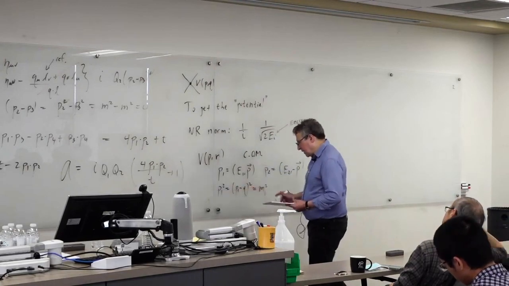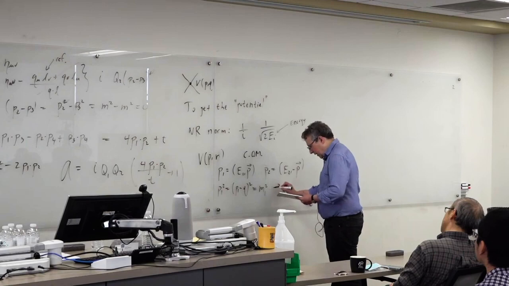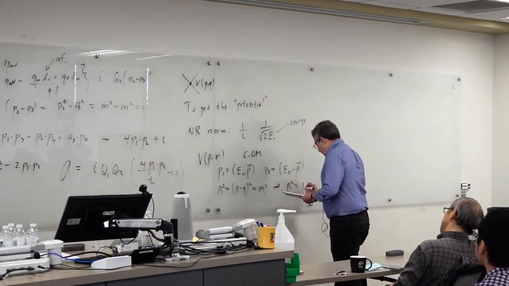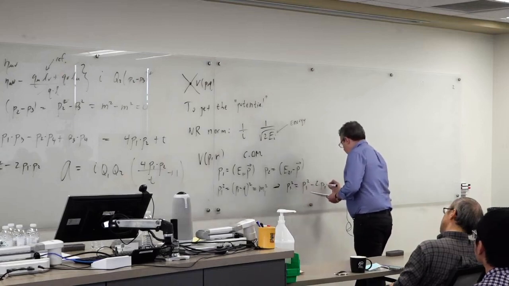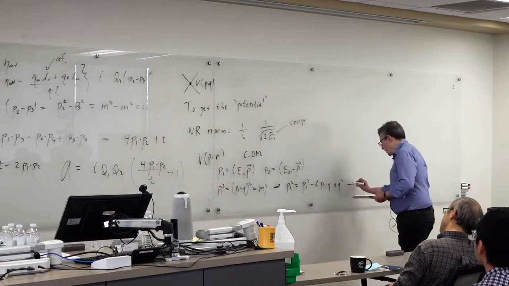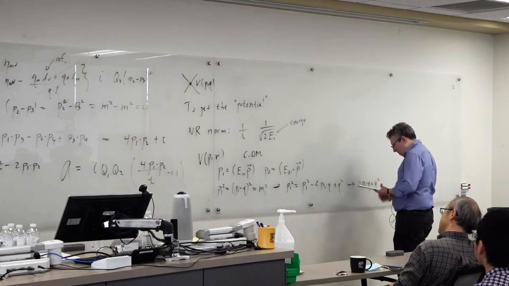And this actually puts a non-trivial constraint. So from here, I can deduce that P1 squared is equal to P1 squared minus 2 P1 dot Q plus Q squared. Therefore, I get that 2 P1 dot Q is equal to Q squared.